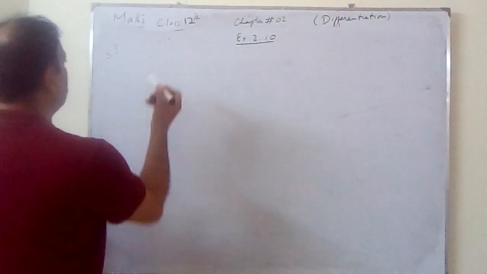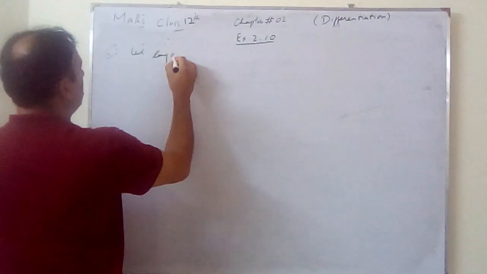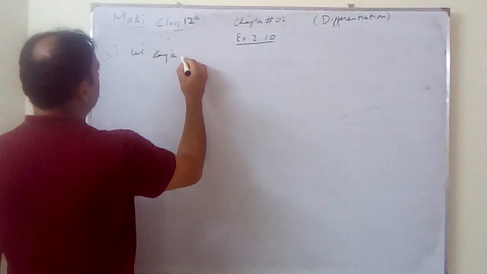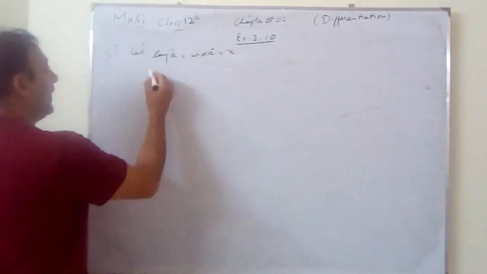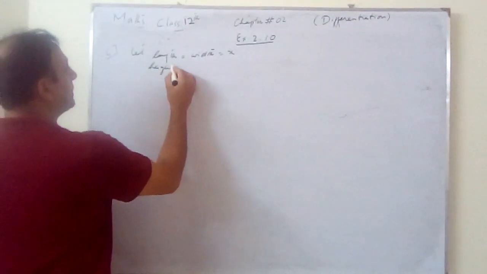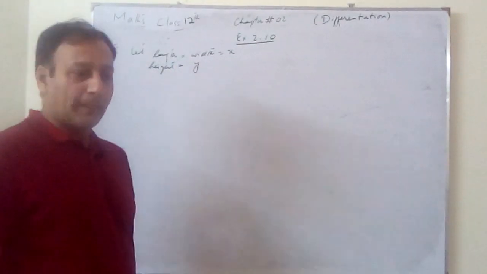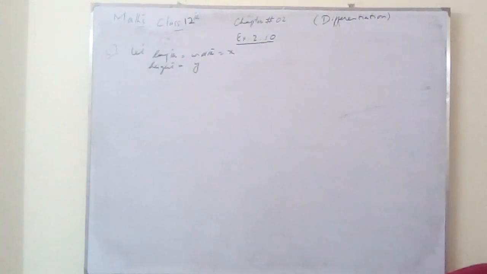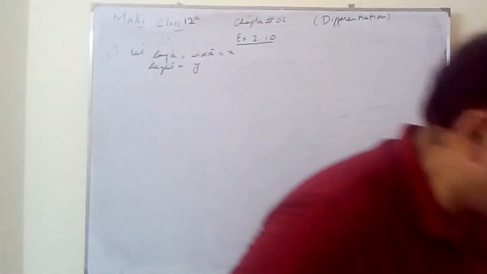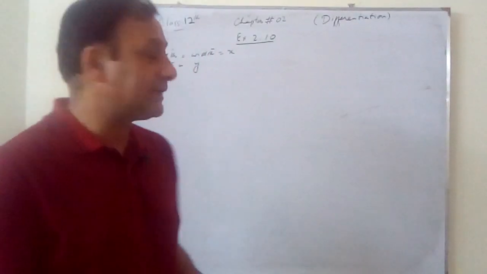So here let length is equal to width, that is equal to x, and height is equal to y. What he is saying in the question is that the volume is 4 cubic decimeter.